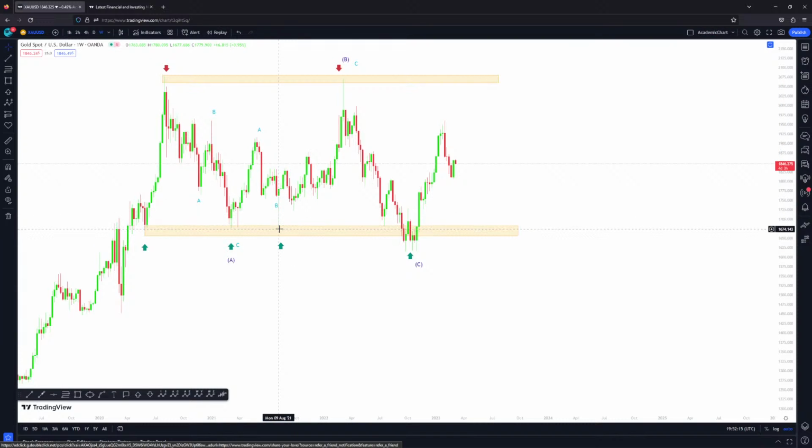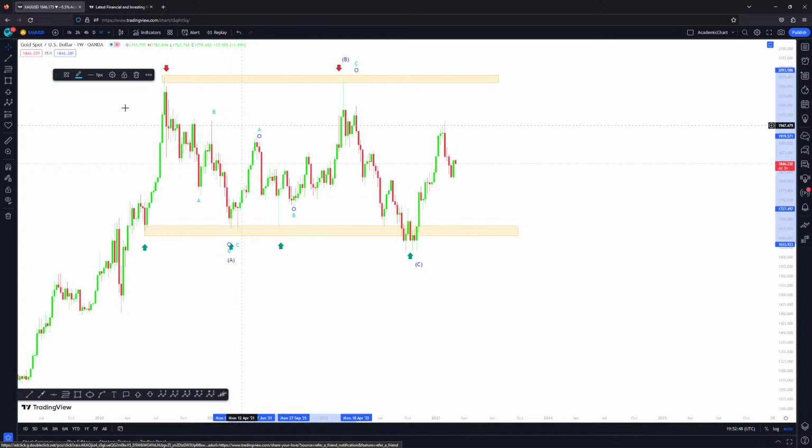That's why I didn't call this the final point of the intermediate A. I can say that this is the B, but it just went down to the support zone and came back. So it doesn't really matter when you put this B in the end. It is one ABC, or maybe you can put it here and just ignore that long wick or shadow there.